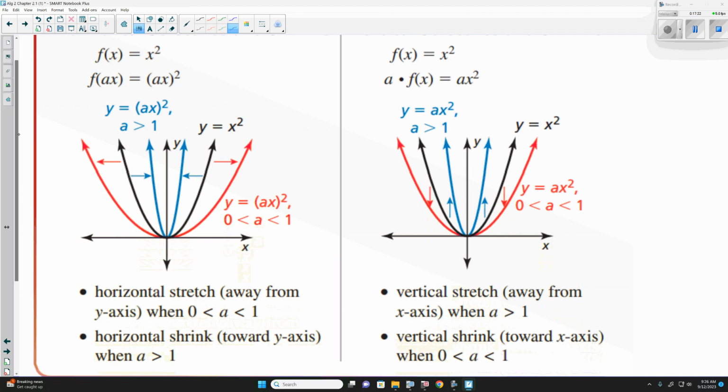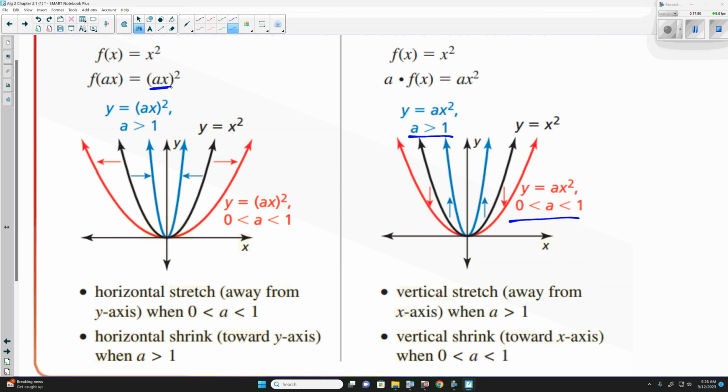So, horizontal stretch and shrink, vertical stretch and shrink. For vertical stretch and shrink, we have that a value outside the parentheses. If it's greater than 1, it's a stretch. If it's between 0 and 1, it's a shrink, because we've done these before. You all remember looking at the values of a. The part we didn't do is when we have a value inside the parentheses.